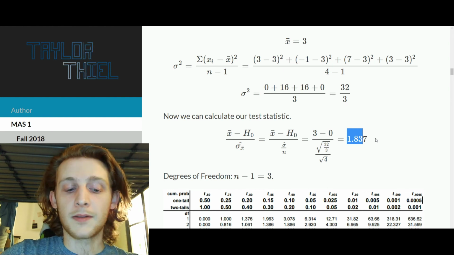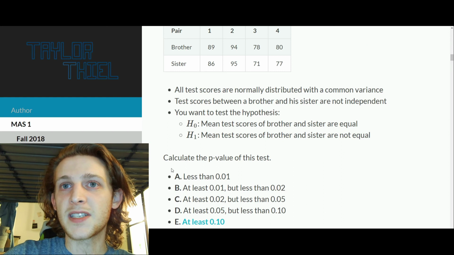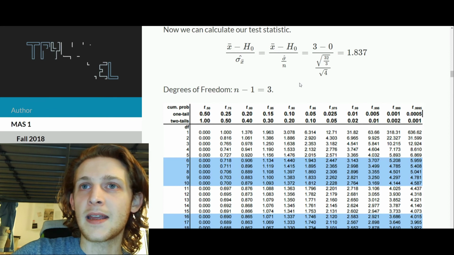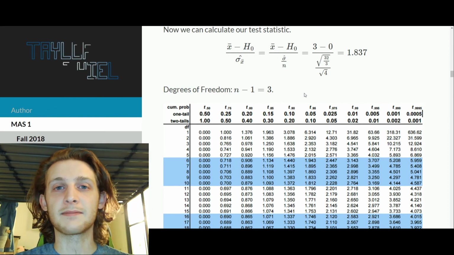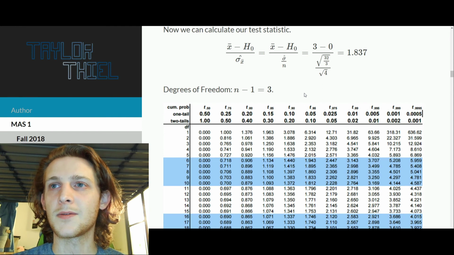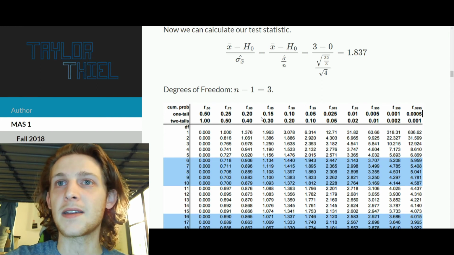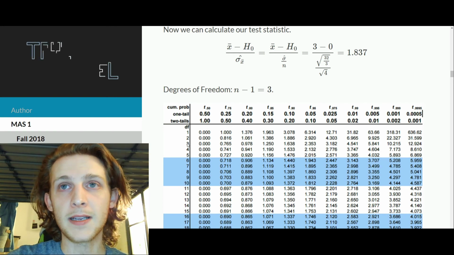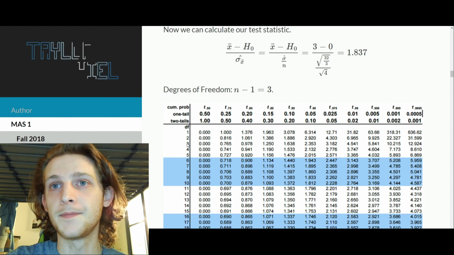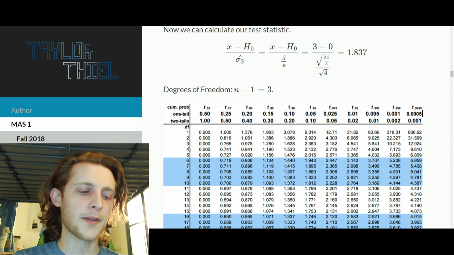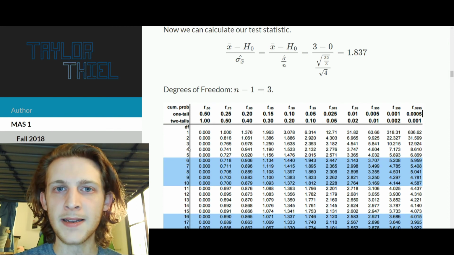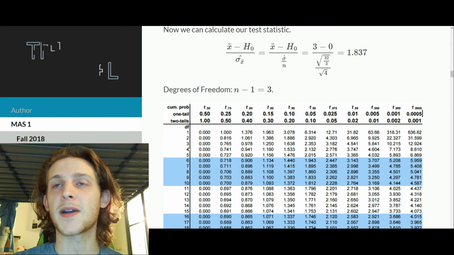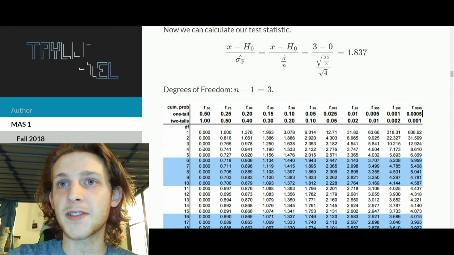So with that, going back to the original question, we see that it actually wants the p-value of this test, and we're not able to calculate that directly, but we can back into the range that the answers are working with by saying, okay, I'm going to go to my t-table, look at degrees of freedom of 3, because that's sample size of 4 minus 1. Even though there are 8 scores, we're only counting the number of observations of differences of scores, and that's why it's 4 and not 8. So 4 minus 1 is 3.